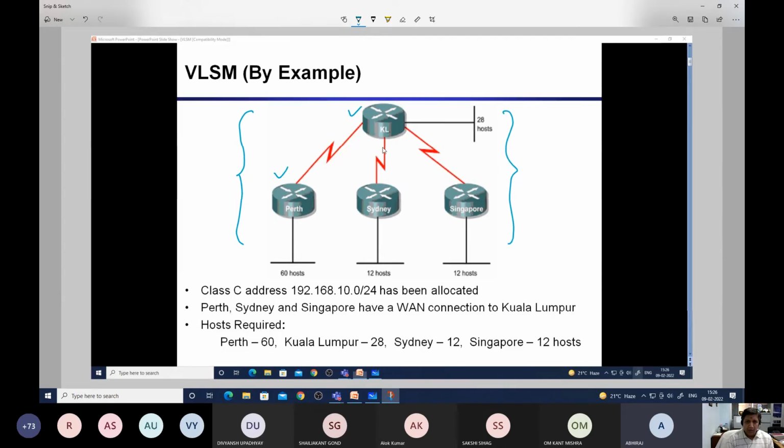One is in Kuala Lumpur, another is in Perth, then Sydney, and then Singapore. And these routers are connected to the respective LANs of these company offices. And you can see the LAN requirement of the different offices: 60 hosts, 12 hosts, 12 hosts, and 28 hosts.